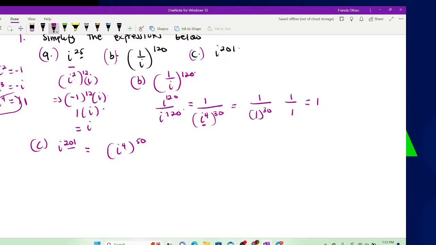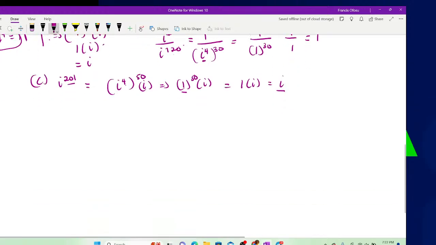There will be a remainder of what? 1, which is i. At this point, I know i to the power 4 to be 1. I'll get 1 to the power 50 multiplying i. 1 to the power 50 is also equal to 1, multiplying i. Hence, I'll get i. So i to the power 201 has been simplified to give us i using the basic powers of i. And this is all about the introduction to complex numbers.